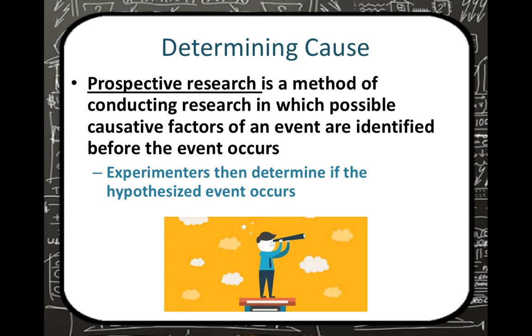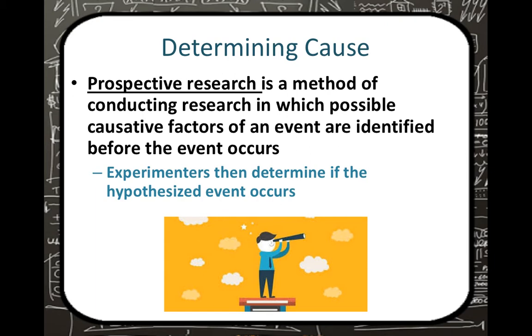So maybe you think that certain lifestyle factors affect whether somebody is likely to get cancer. So instead of saying, okay, you have cancer, let's think back, how many cigarettes did you used to smoke? How many drinks did you have per week? How stressed were you? Right?